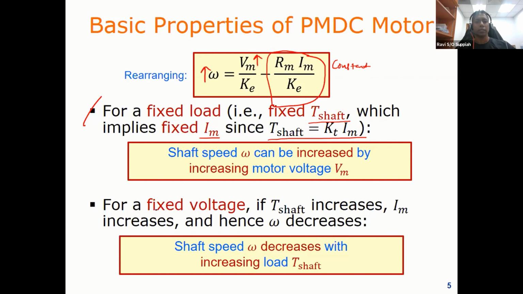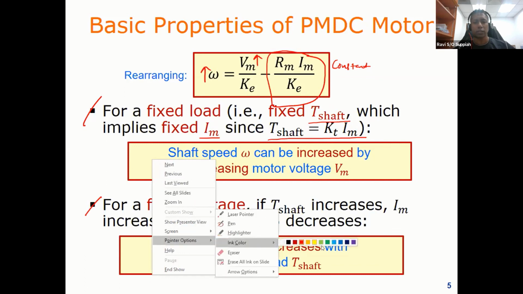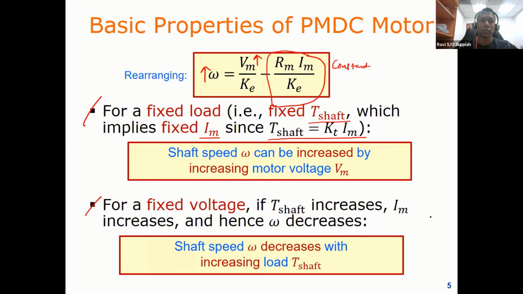The second one is fixed voltage, which means VM is fixed. If my T shaft increases, looking back at this formula, my current also goes up, as they are both related together.